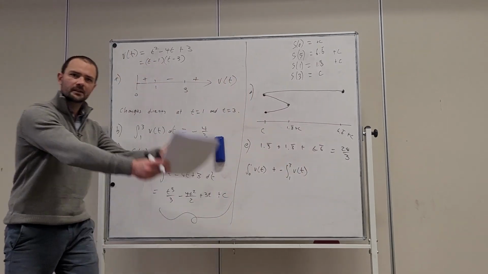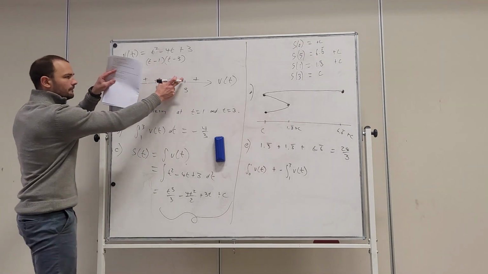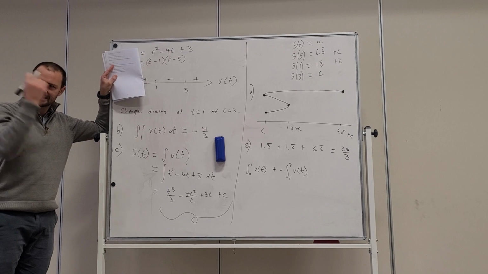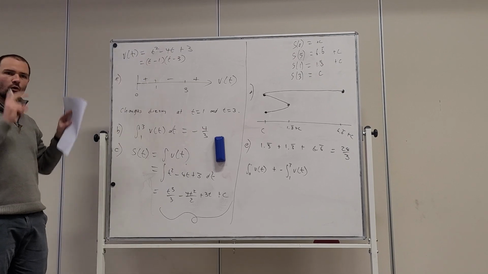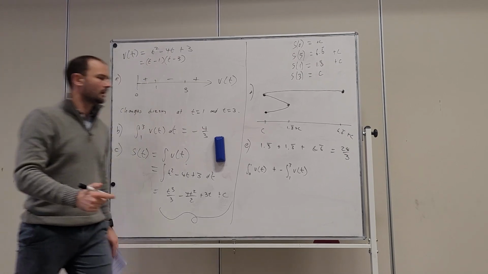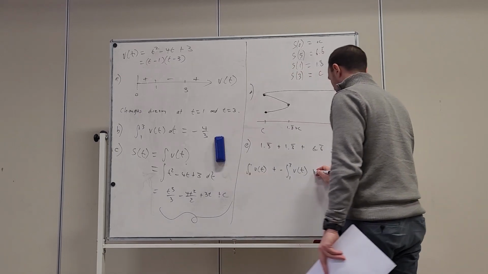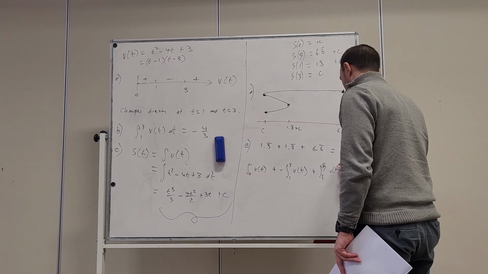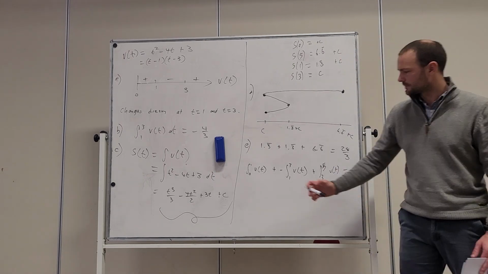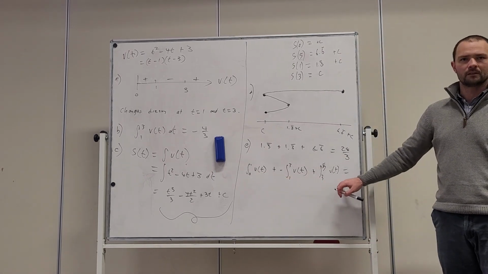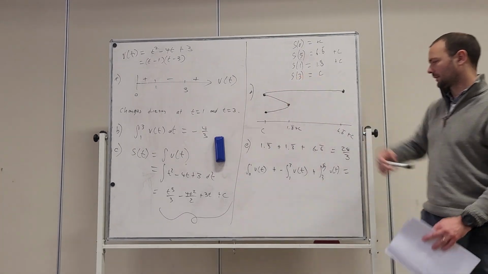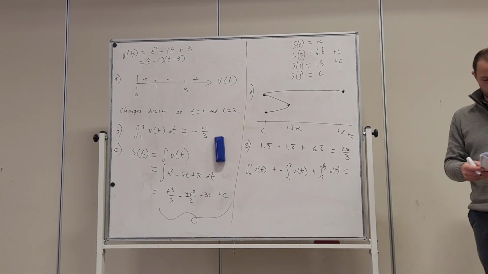Because it's moving to the left, because it has negative velocity over that interval. And I want that to be a positive distance. I'm interested in adding all of the distances together. And then lastly, it's moving to the right from 3 to 5 of v of t. All right, so you can just put something like this in your calculator as well. You don't need to do the motion diagram and perform it like that. All right, it's going to end up with the same answer.